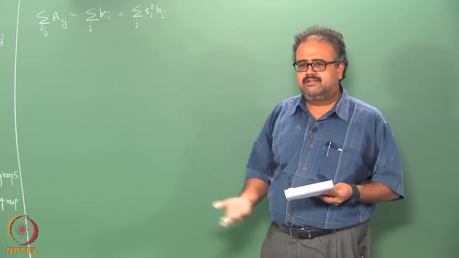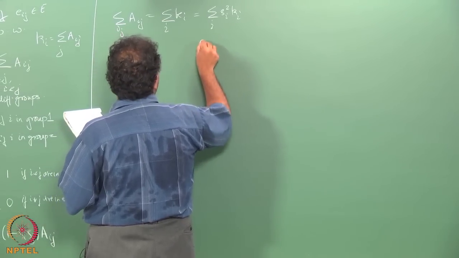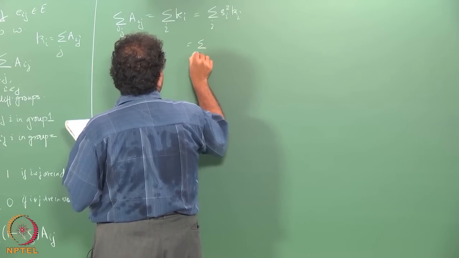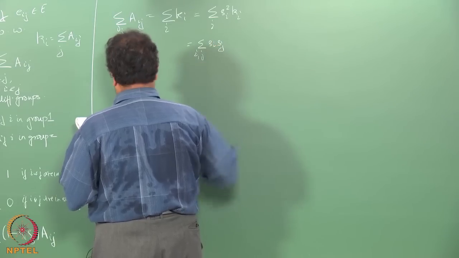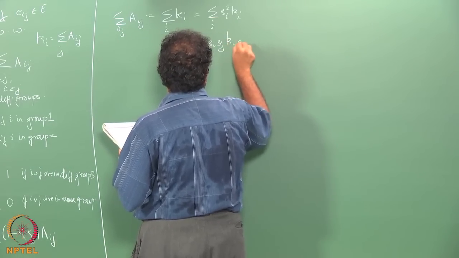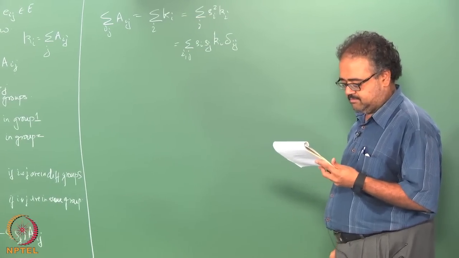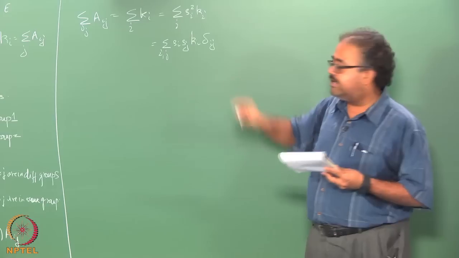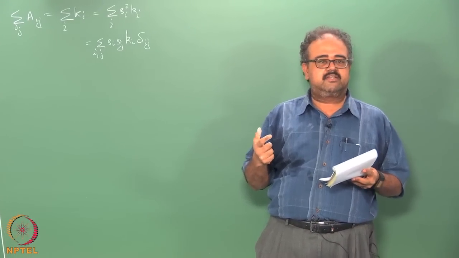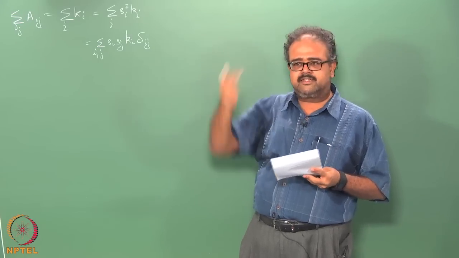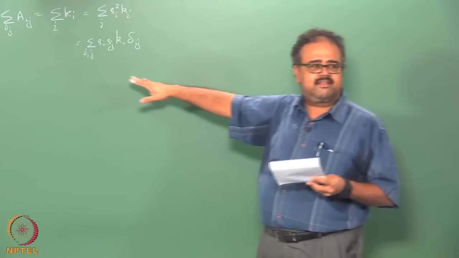Done, right. Where delta_ij is a function that is 1 if i equals j, 0 otherwise, right.